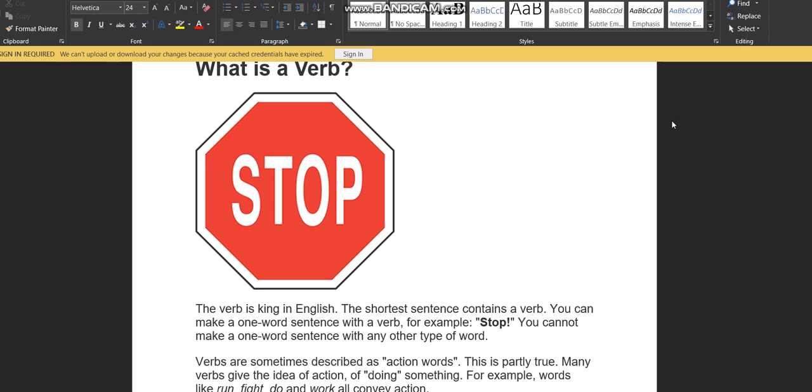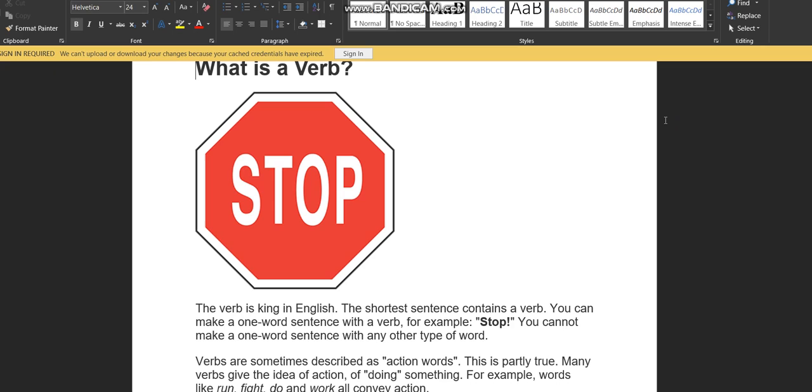You can make a one word sentence with a verb, for example, stop. You cannot make a one word sentence with any other type of word. And that is verb.